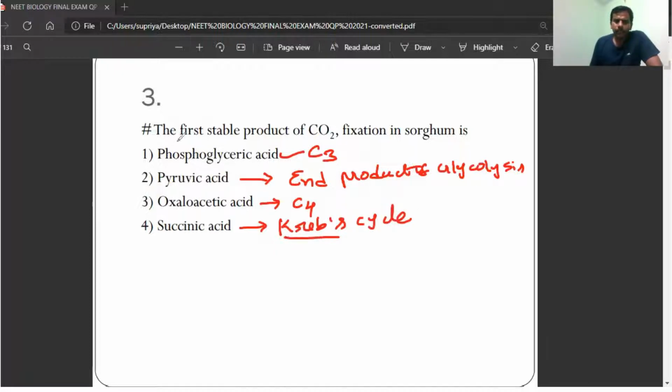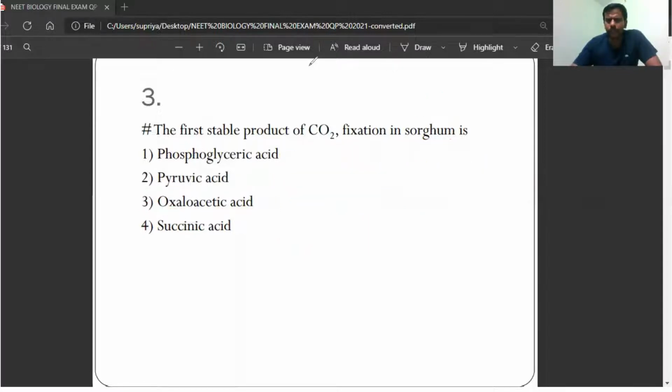See here, among these 4 options, as you know, sorghum is a C4 plant. In the C4 plant, the first stable product is oxaloacetic acid, OAA. Again, the correct option is third here. Right? Okay. Then we'll see the fourth question.